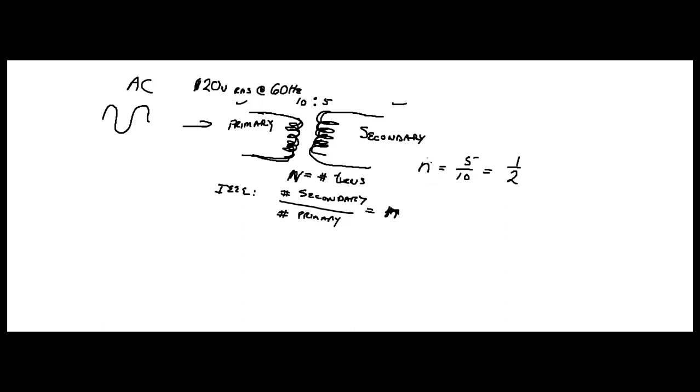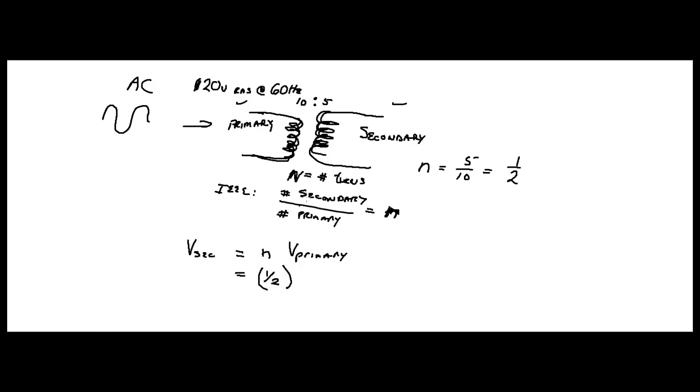Now, let me tell you something. The voltage in the secondary is going to equal n times V primary. In this case, n is equal to 1/2, right? So let's fill it in there.